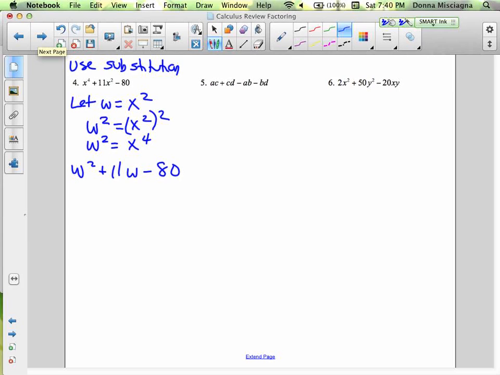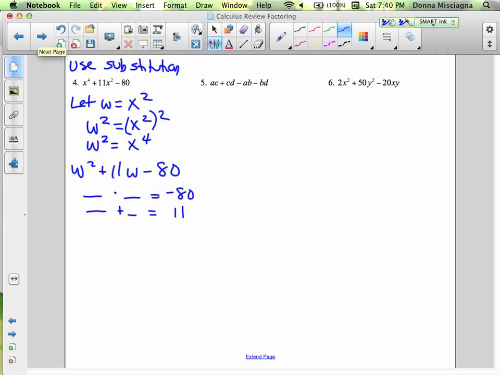So we need two numbers that multiply to give us negative 80 and add to give us 11. Because when we're factoring, it multiplies to give you a times c and adds to give you b. So a is 1, c is negative 80, and b is 11. Let's see, factors of 80. Well, it's not 8 and 10.